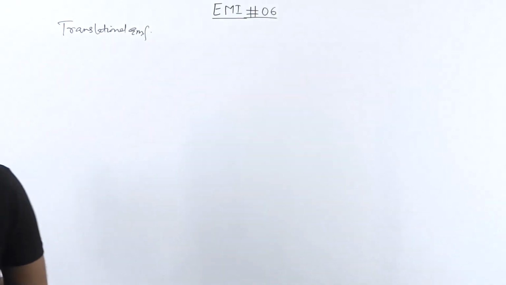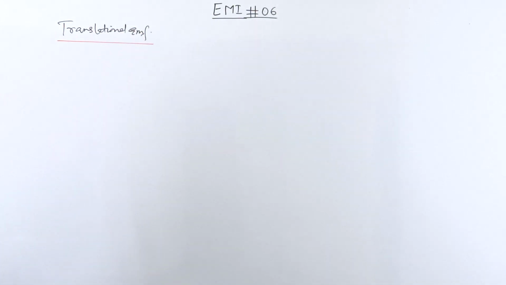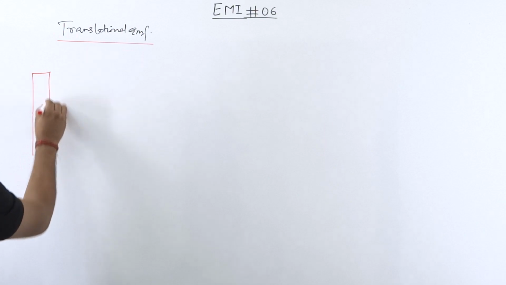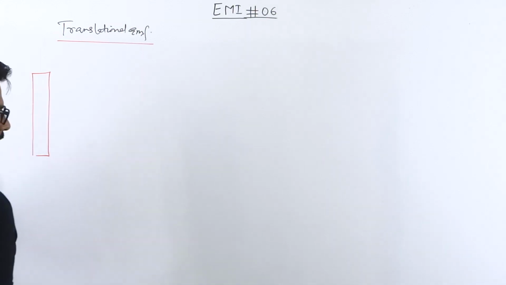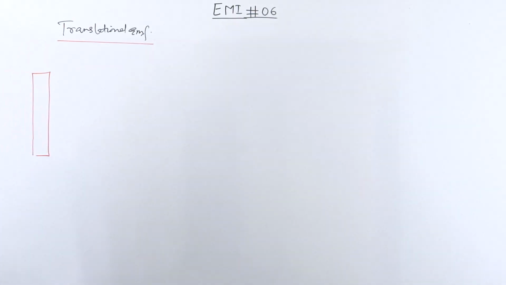So coming to the translational EMF, the first thing you need to understand is, let's say I have a rod, a metallic conducting rod. When I say conducting rod, it means it has free electrons available to be mobile, to move. Now I'm going to give you one standard diagram.